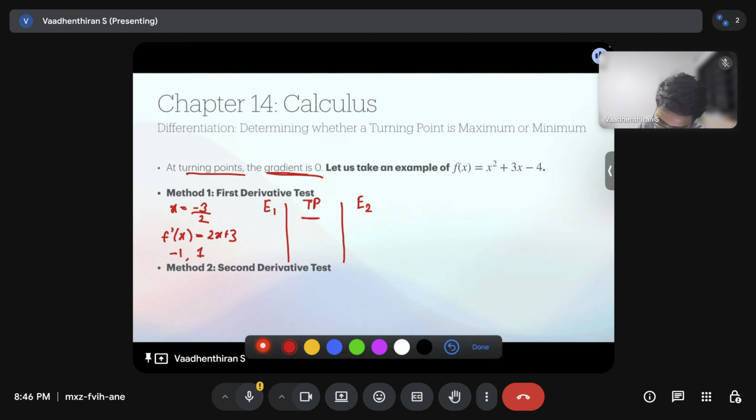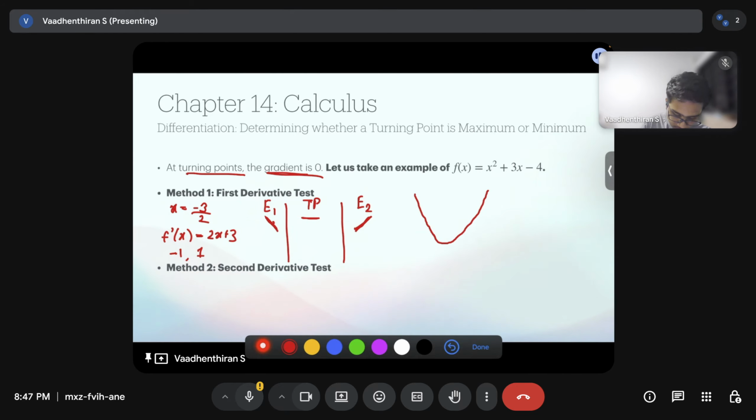So for negative 1 it was at negative 2, right? So this is 1, which means you go like this. So this is negative 1, going in a slanting way, and then 1 will be going towards the top like this. So when you roughly sketch this graph, it will be like this and then going upwards.